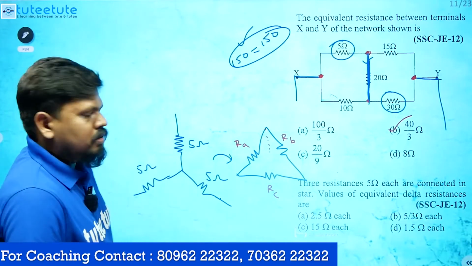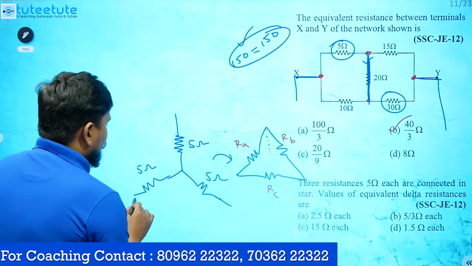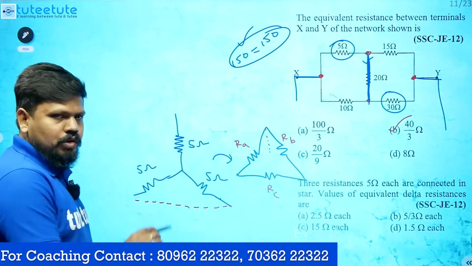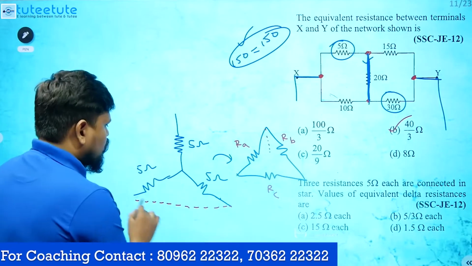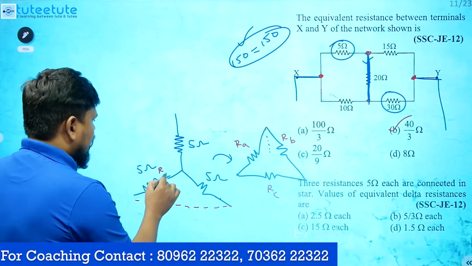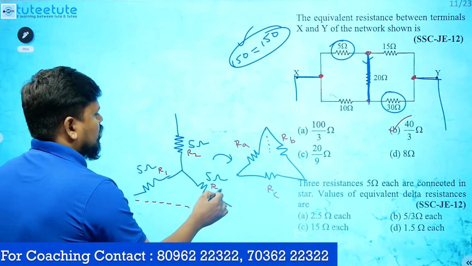Now for star to delta, for example this is R1, R2, R3.